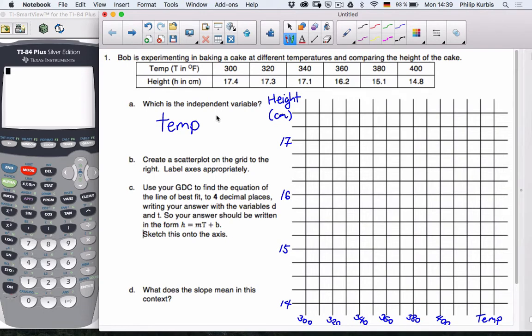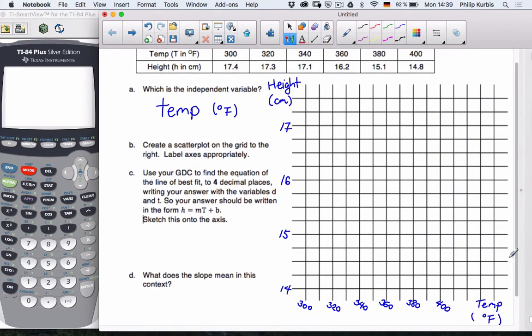So temperature. The next thing is that we are going to create a scatter plot on the grid to the right, labeling the axes. Now we have picked a scale starting at 300 and counting 10, 20, and so on. On the vertical axis, the dependent variable of height, which will depend on the temperature, goes up to about 17.5 and starts at about 14.